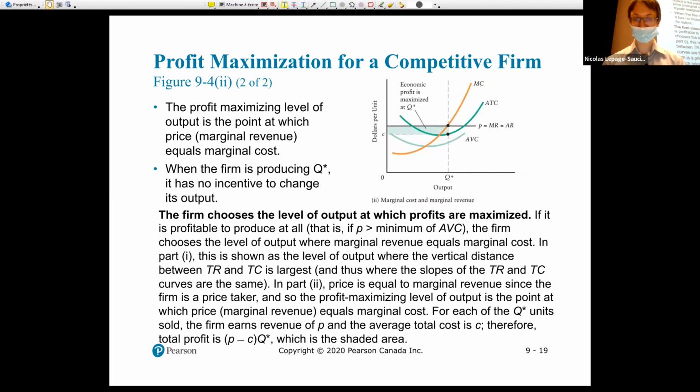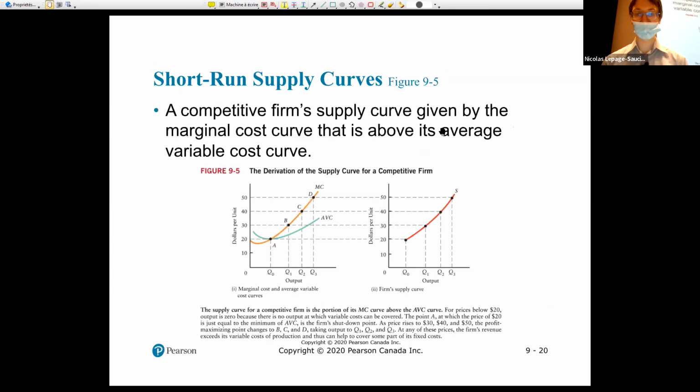Okay, so this is what we said before. If the firm does decide to produce, then it chooses marginal cost equals price, and that's the quantity it will produce. And in that case, since the price is above the average total cost, the firm does make a positive profit, right?